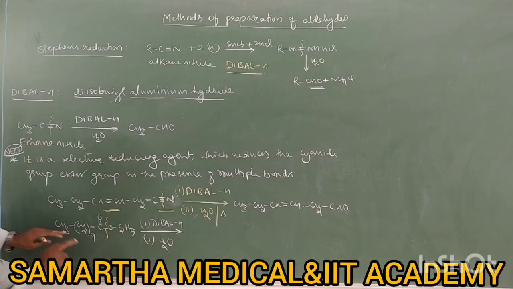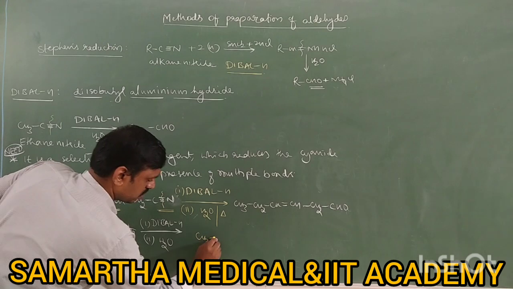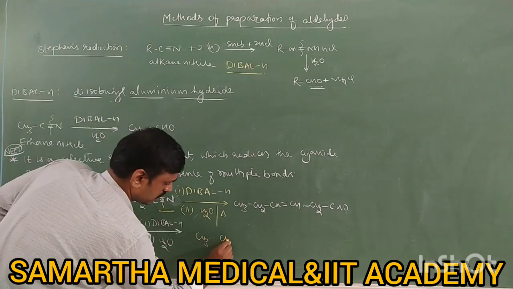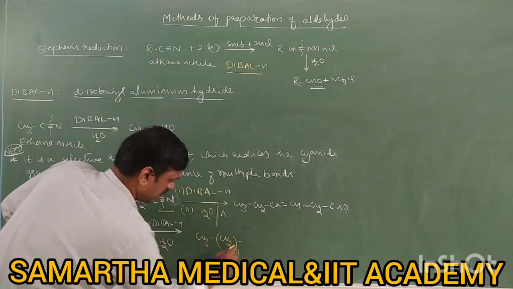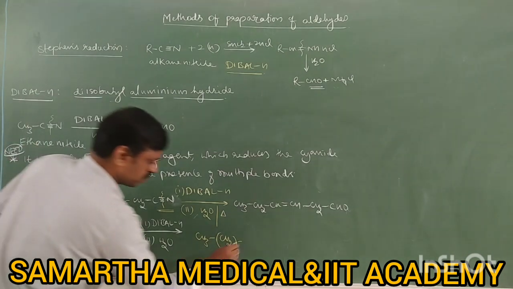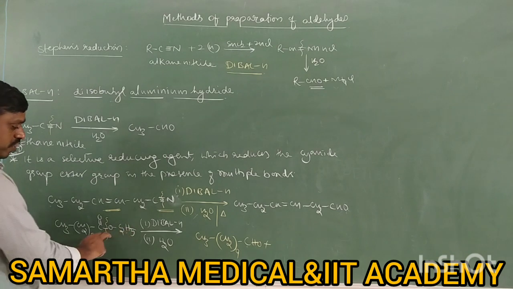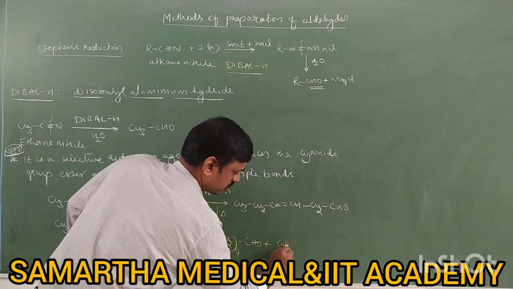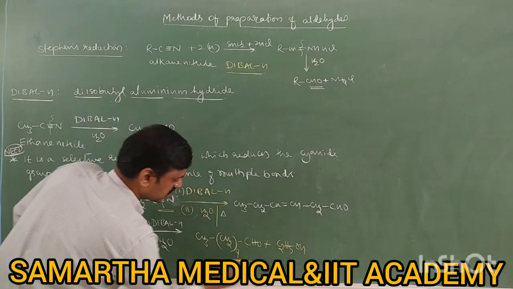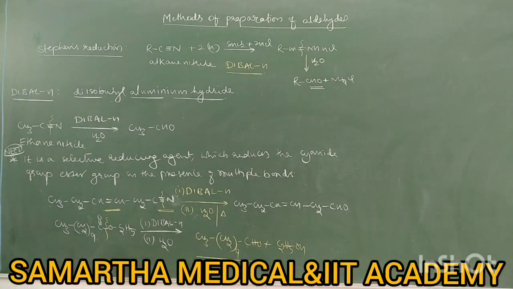You get CH3 CH2 as it is, then C double bond O becomes CHO, and the remaining part is the alcohol, C2H5OH. But we want the aldehyde. So DIBAL-H can convert the cyanide group as well as the ester group into the corresponding aldehydes. This is one important use of DIBAL-H.